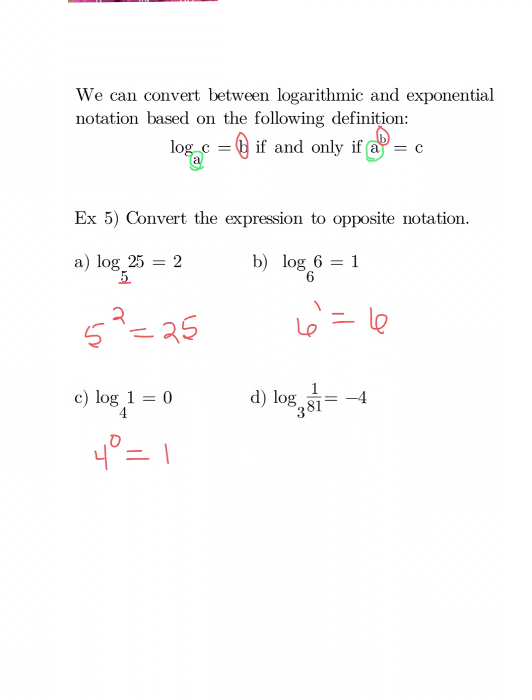Does 4 to the 0 equal 1? Yep. On the last one, base to the answer equals 1 over 81. If you did your exponent rules and checked on this, you would see that this too is a true statement.